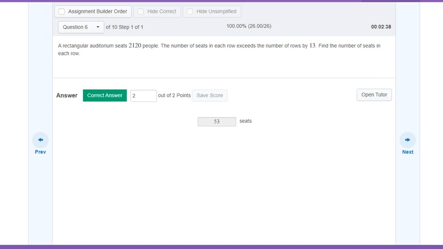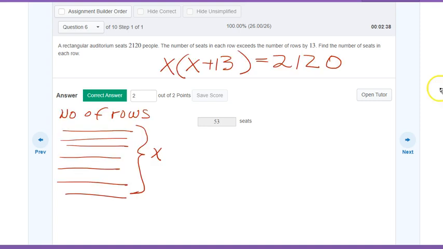So again, take time, pause it, read it, and see if you can visualize what's going on here. And then maybe with a picture or something, develop an equation. So something like this. Here's the auditorium, and these are the number of rows in the auditorium.